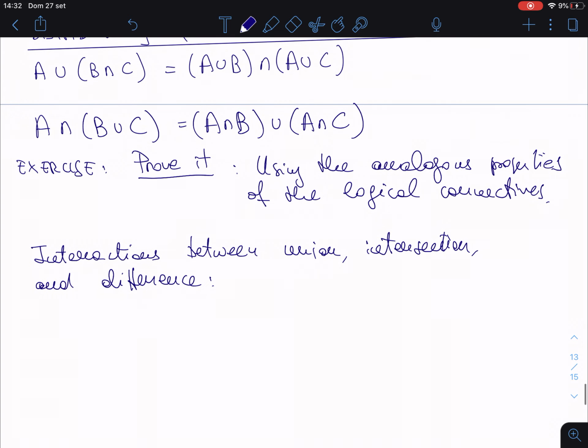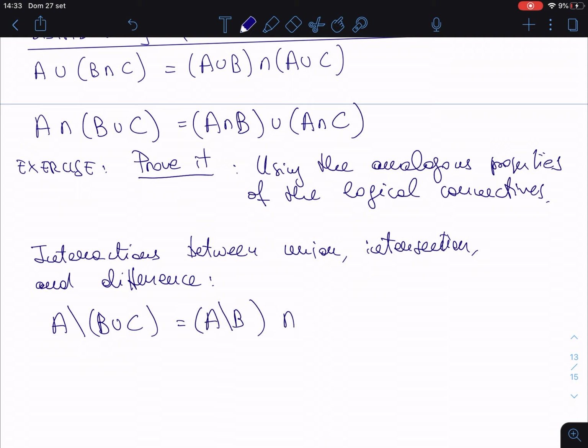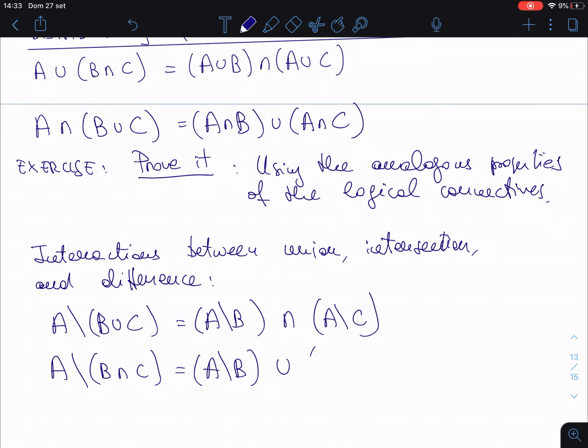That says the following: if you have A minus (B union C), this is equal to (A minus B) intersection (A minus C), and A minus (B intersection C) is equal to (A minus B) union (A minus C).